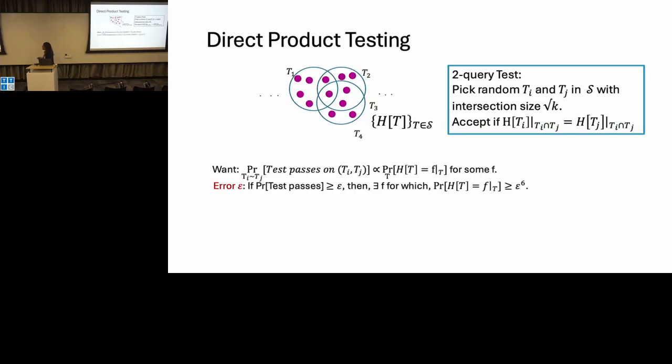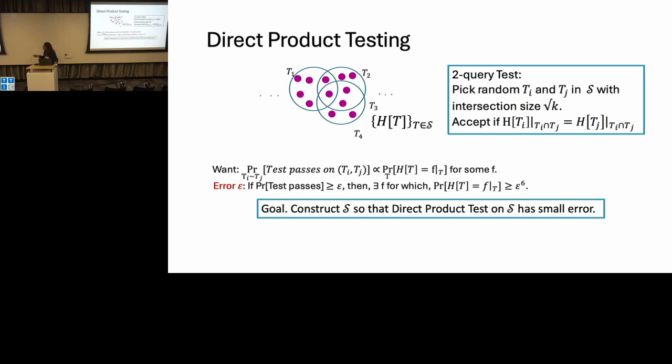We say this test has error epsilon if whenever the test passes with probability at least epsilon, there exists some function f for which h of t equals f restricted to t on at least a polynomial in epsilon fraction of the sets in the set system. We want to construct the set system so that it has the smallest possible error. Any questions about the definition?